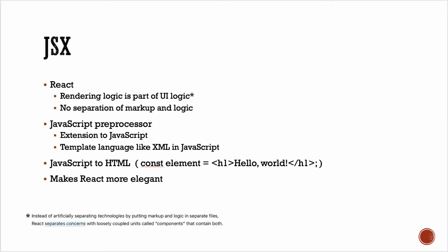It allows us, in a way, to convert JavaScript to actual HTML. While one can write React code without the use of JSX, the use of JSX makes React more elegant and simplifies the building of single-page applications.